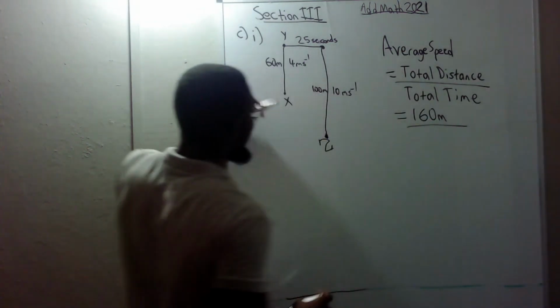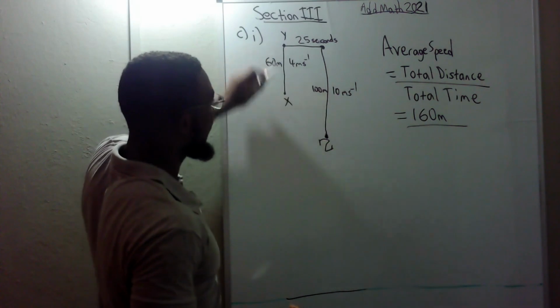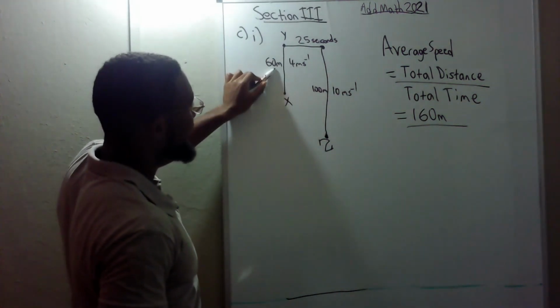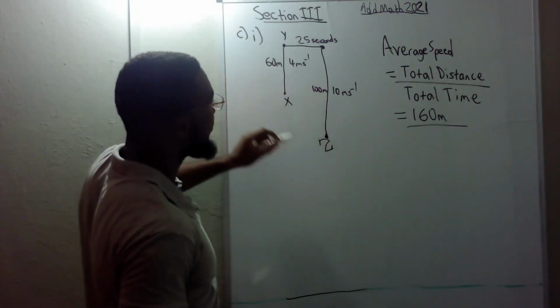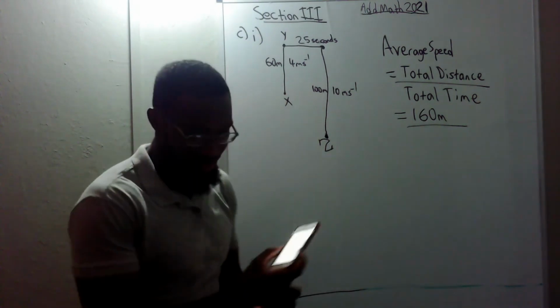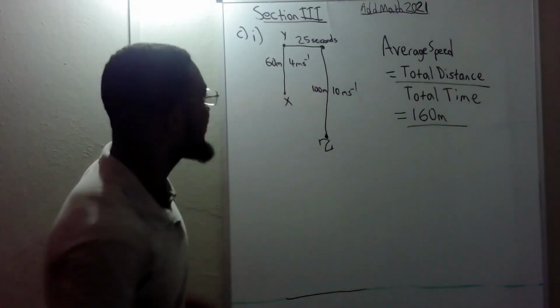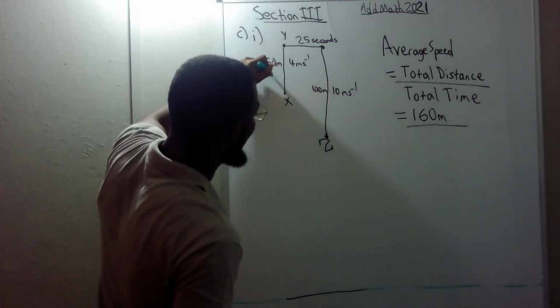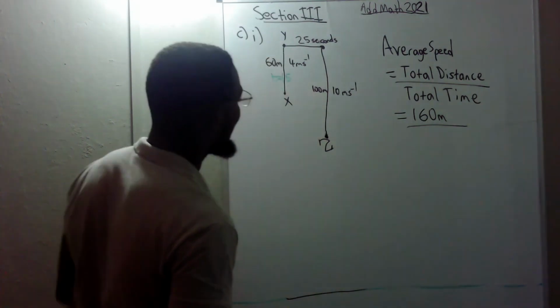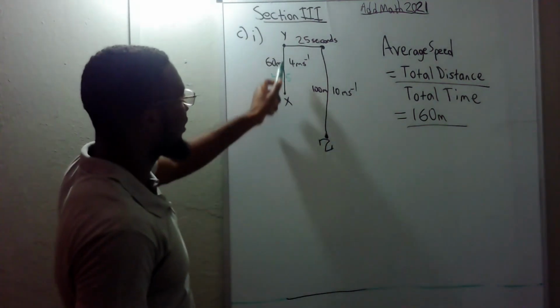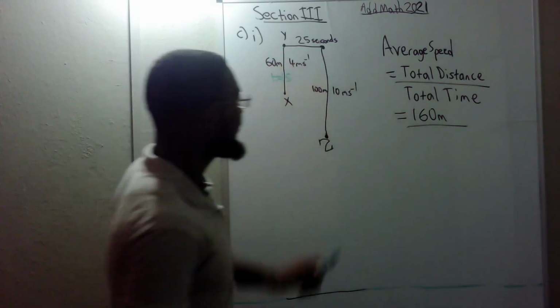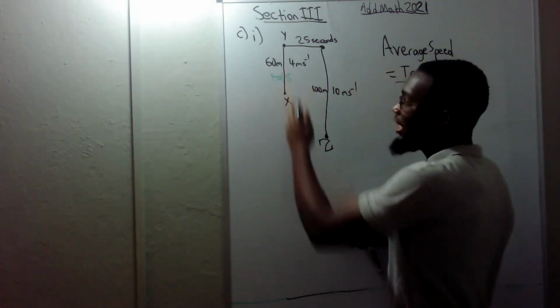Now guys, we need to find how long it takes to go from X to Y. Now if you went 60 meters at 4 meters per second, you take 15 seconds to reach Y. So T equals 15 seconds. So 15 seconds to go to Y, 25 seconds chilling. How did I do that?